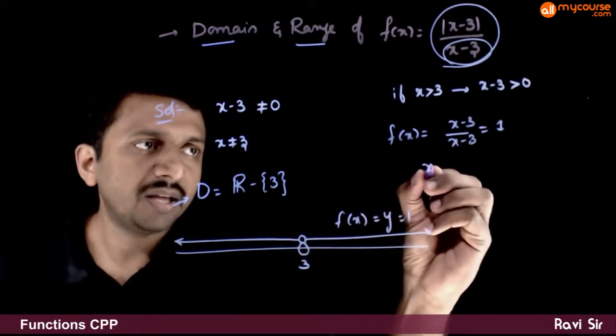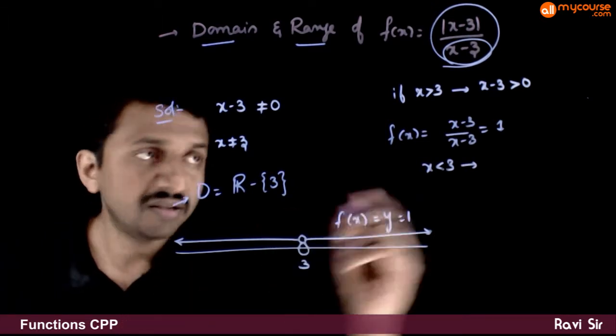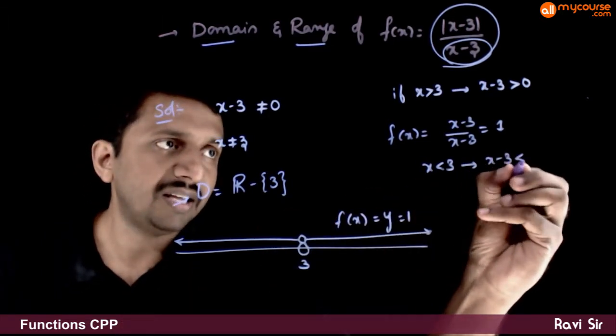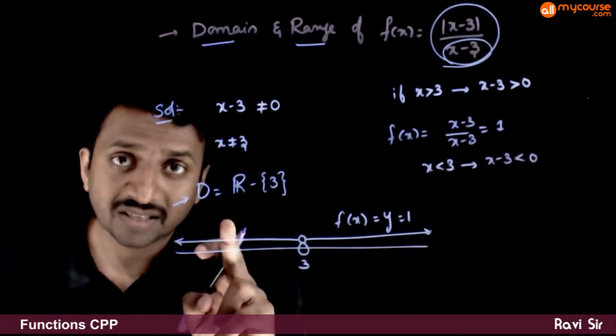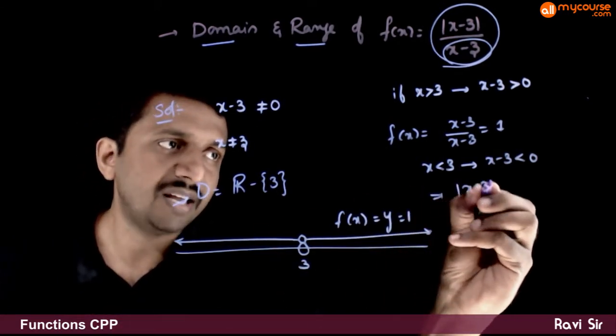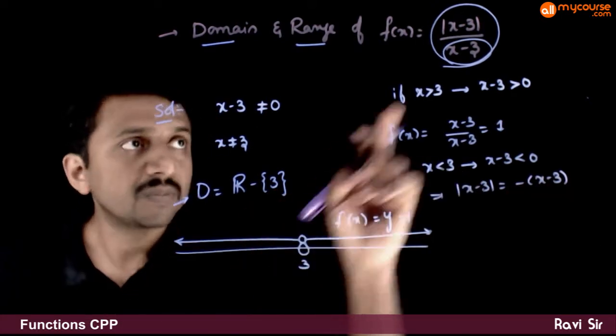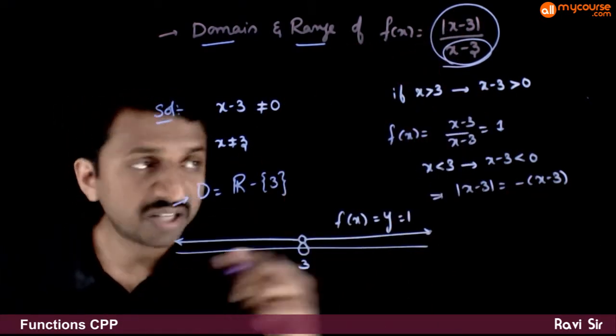If you put any number which is less than 3 in the place of x, then x minus 3 is negative. This implies mod of x minus 3 becomes minus of x minus 3.